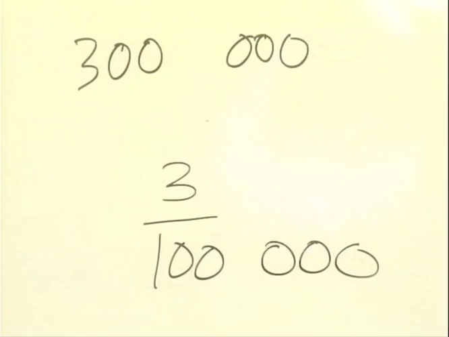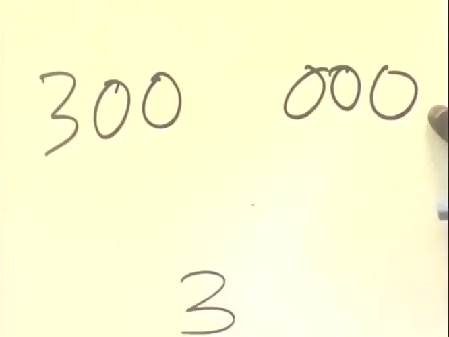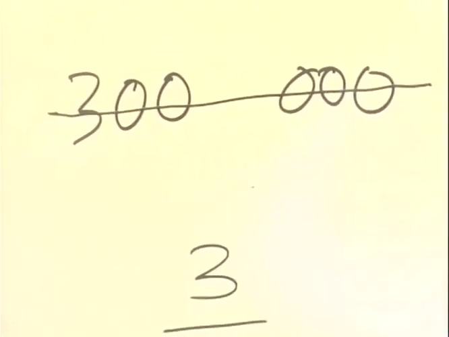Class, when we have the numbers after the decimal point, we said that the value of each of the numbers will be either in decimals or in fractions. So do you think this is in fractions? No. So we'll strike that out. And do you think this is in fractions? Yes.